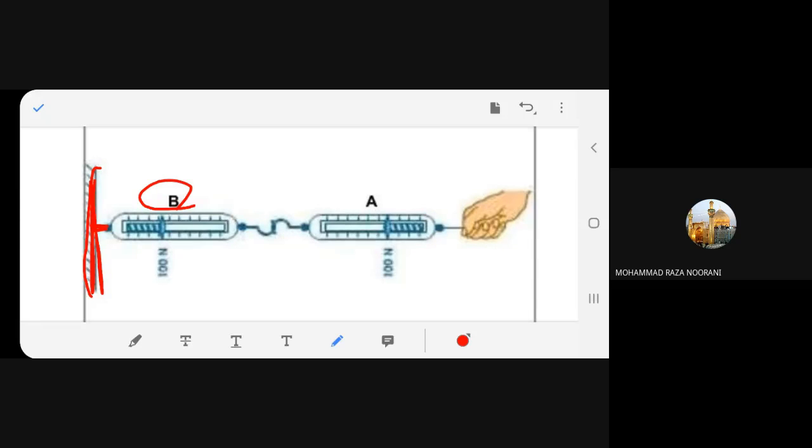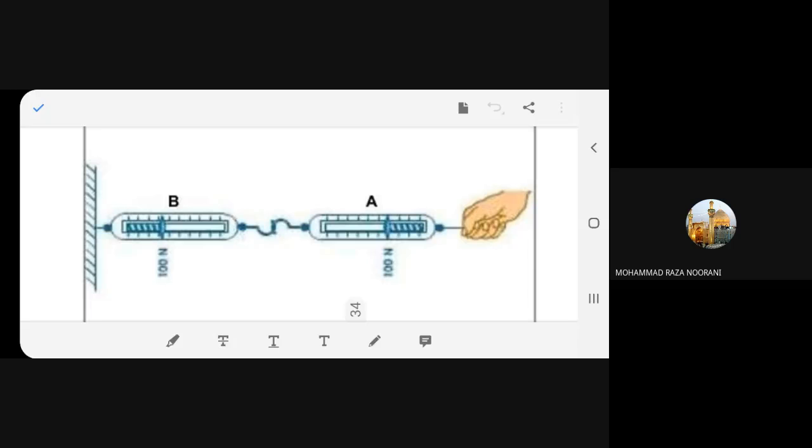A is free. We are holding it, so it is a free end. It could be you, it could be me, it could be anyone.